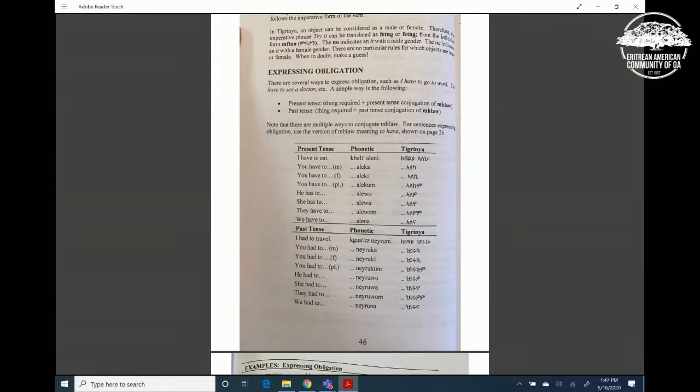So I have to eat, I must eat. ክበልዕ ኣለኒ. ክትበልዕ ኣለካ. ኩለን ዝቕይራ verb to have እየን ዝቕይራ እምበር እቲ verb stem ኣይቅይርን. So I have to eat, you have to eat. ክበልዕ ኣለኒ. ክትበልዕ ኣለካ.